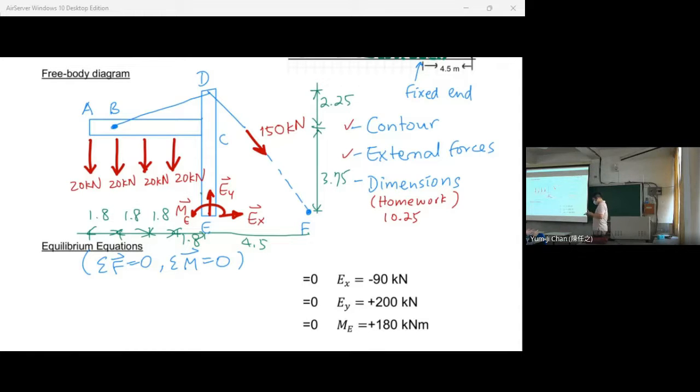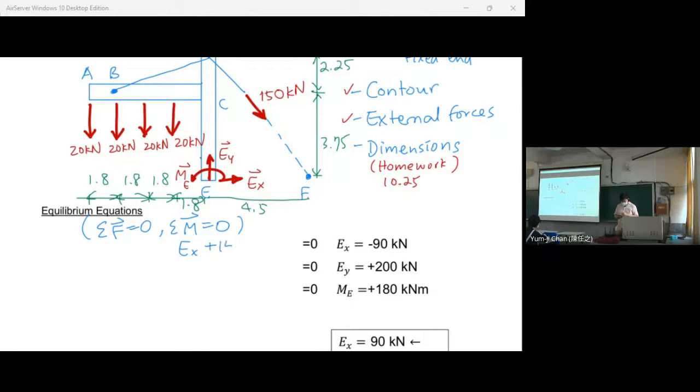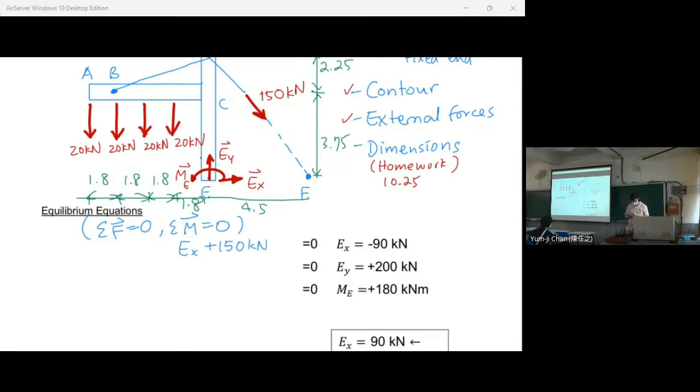Same as before, of course, you write down the equations, and here Ex plus 115 kilonewton sine theta equal to 0, and theta is this angle.